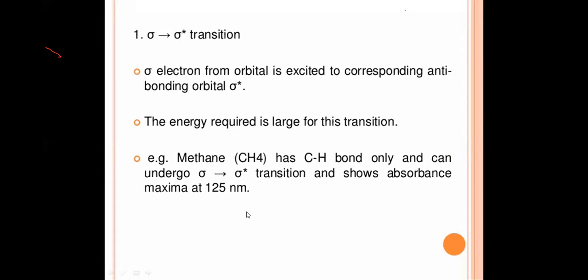So if you see the spectrum in terms of nanometer, 200 to 400 is the unsaturated region, and below 200 it is the saturated region. Below 200 means higher energy content, above 200 lower energy content.